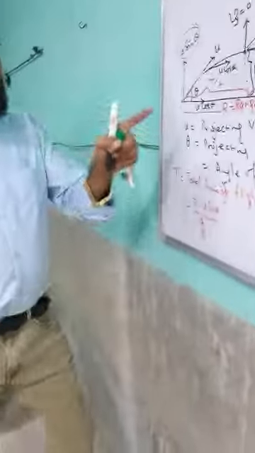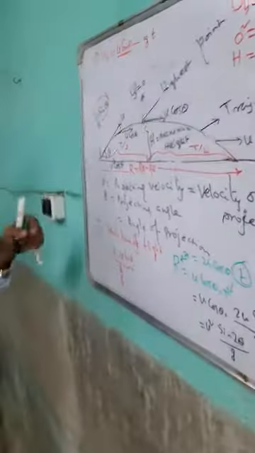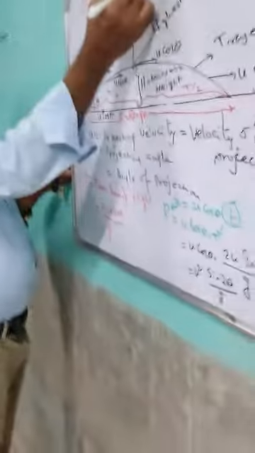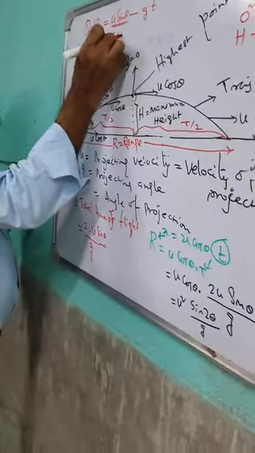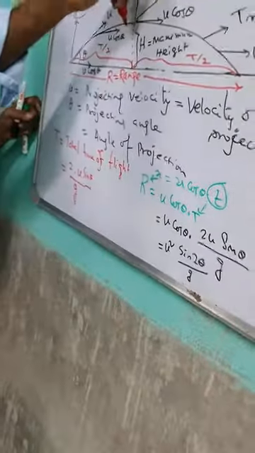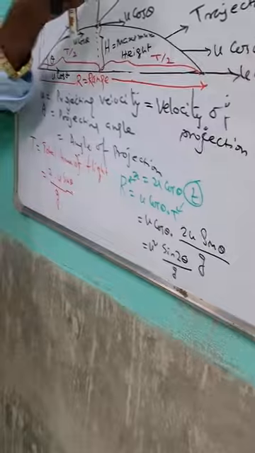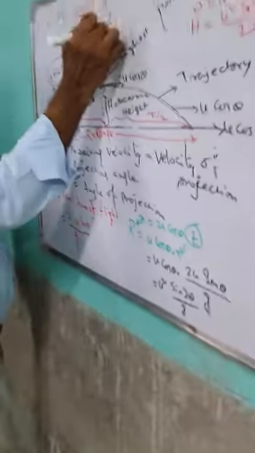You can calculate T equal to what? Please try to understand. When I put this as 0, this is u sin theta, this is g, and what is this time? Anyone? Capital T by 2. Very good.